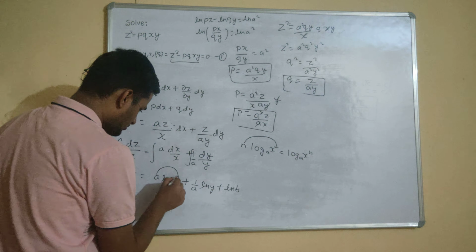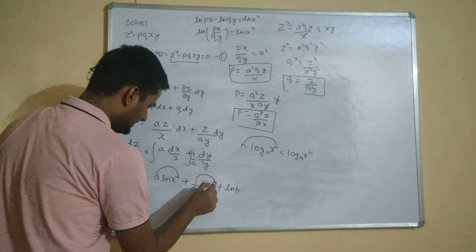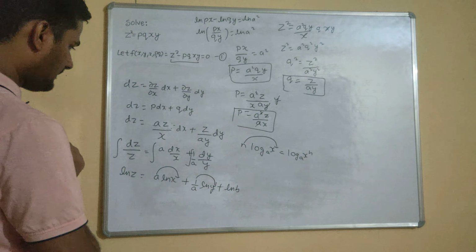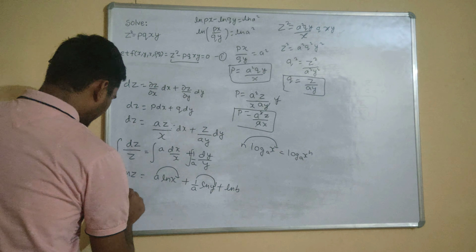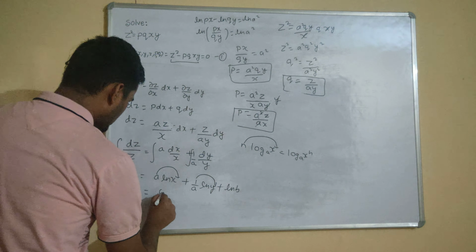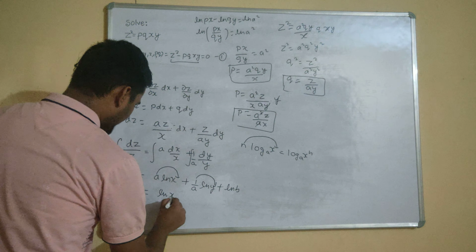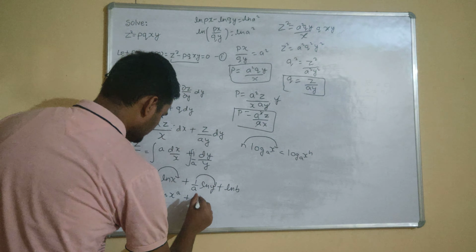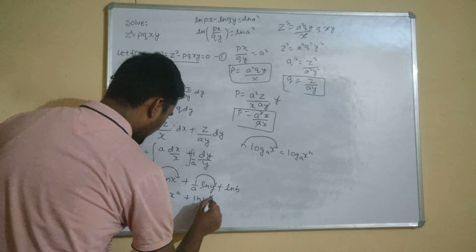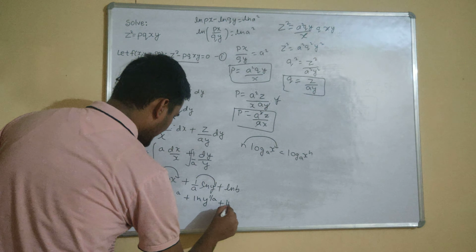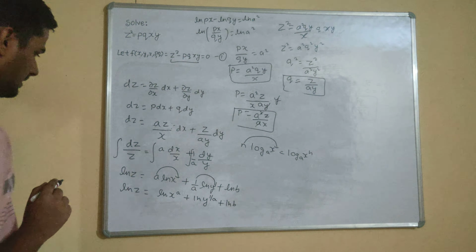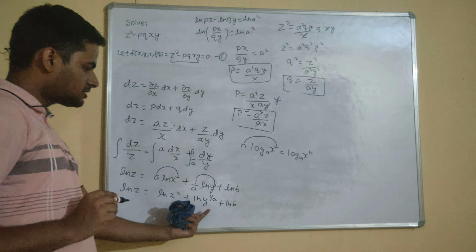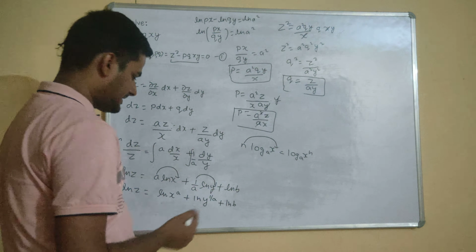So if I take this to the power, I will get ln z equals ln x power a plus ln y power 1 by a plus ln b. Now log a plus log b plus log c is log abc.